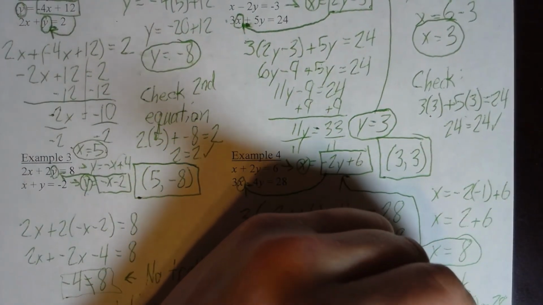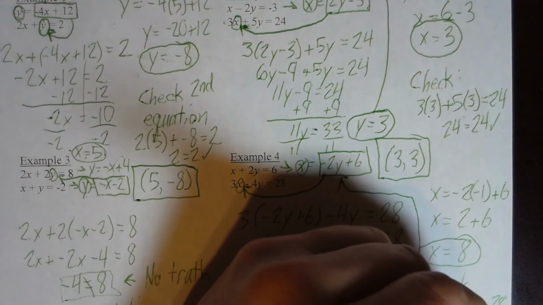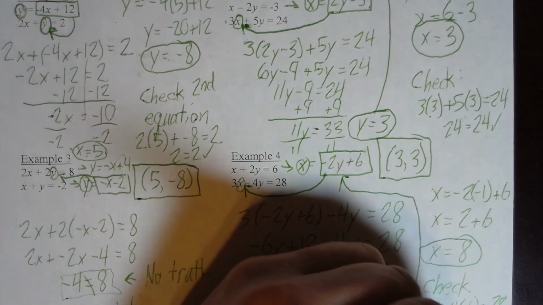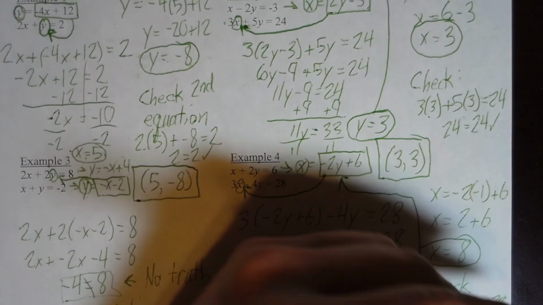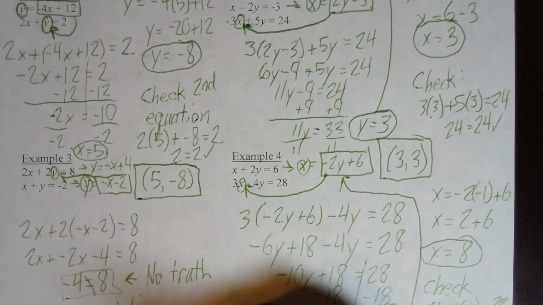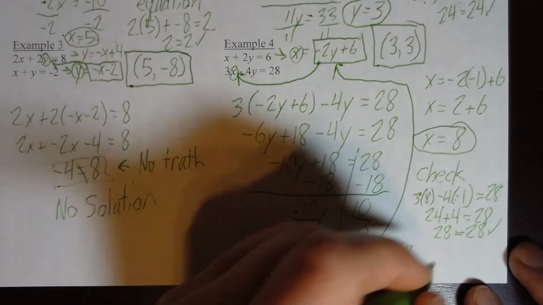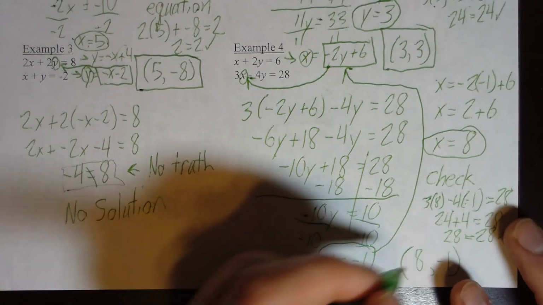And 24, negative 4 times negative 1 is a positive 4. 28 does in fact equal 28. That is a true statement. So I get this point, 8, negative 1. And that is our solution.